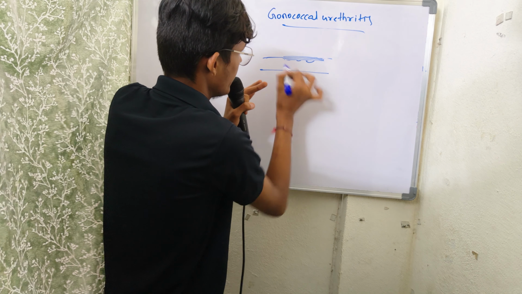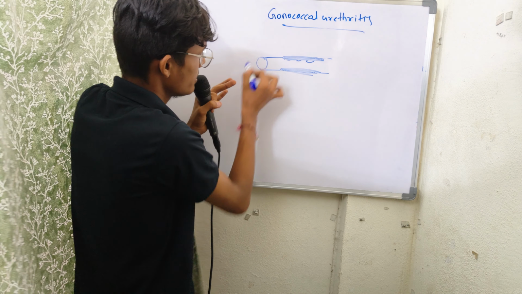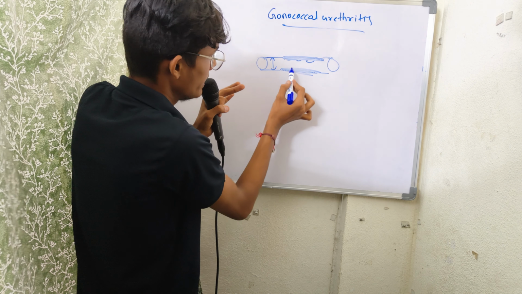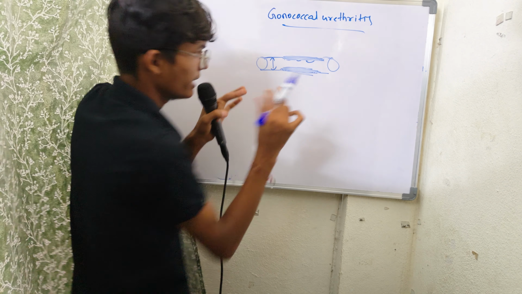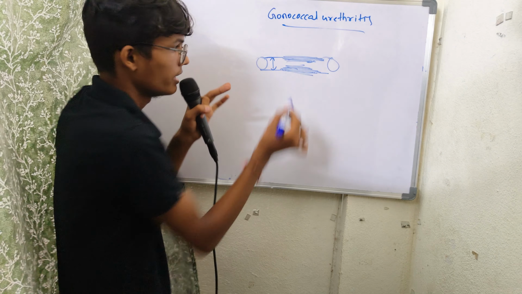So if this is the diameter of the urethra, it gets narrowed.